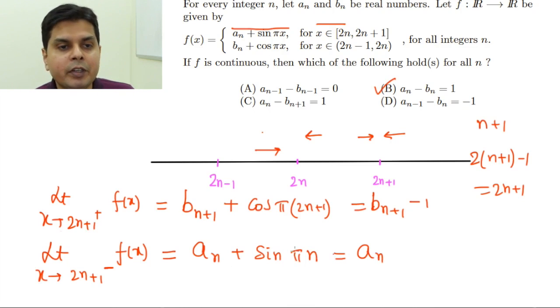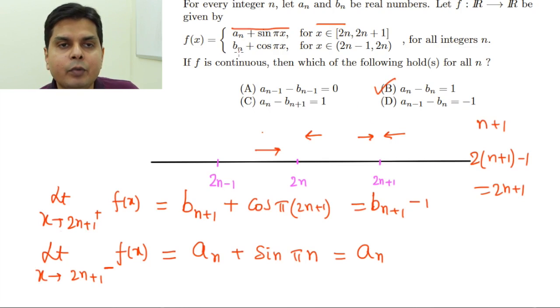Some of you might be wondering why in this formula I have used n plus 1, whereas in this I am using n. This is because the formula for this function f(x) has been given for 2n minus 1 to 2n, and then this is b_n. I have to find the right hand limit, so I have to operate in this interval, that is 2n plus 1 to 2n plus 2.